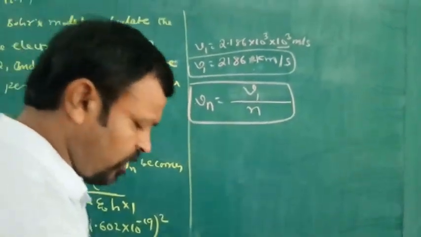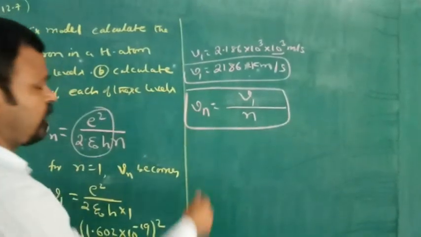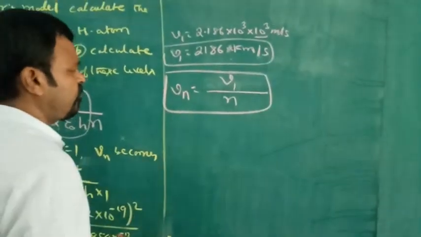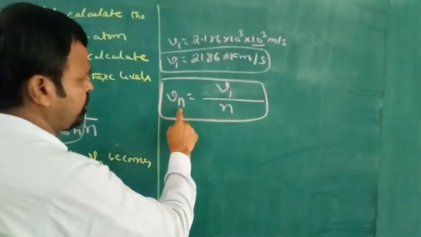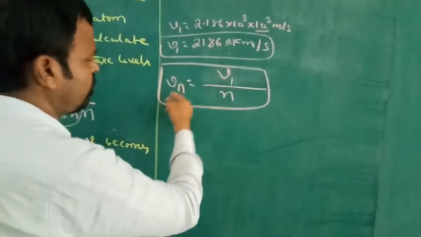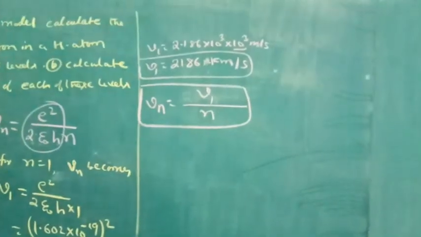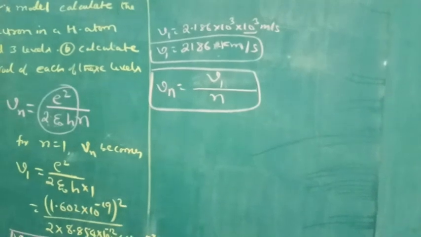This is the general formula for calculating the velocity of an electron in different orbits. If you know V1, then we can calculate the velocity of an electron in different orbits.